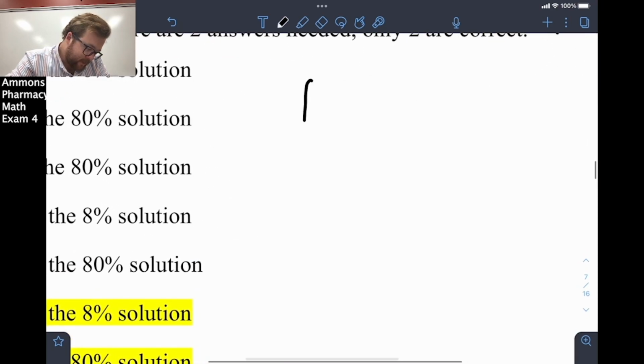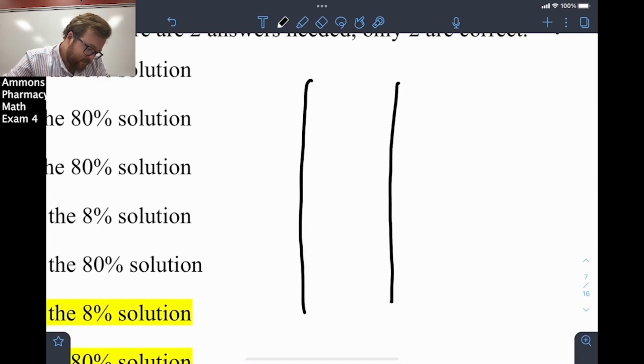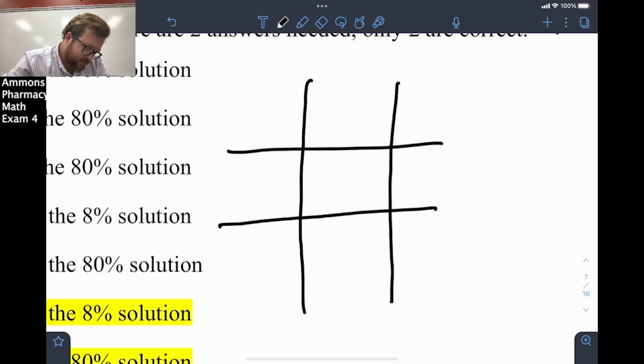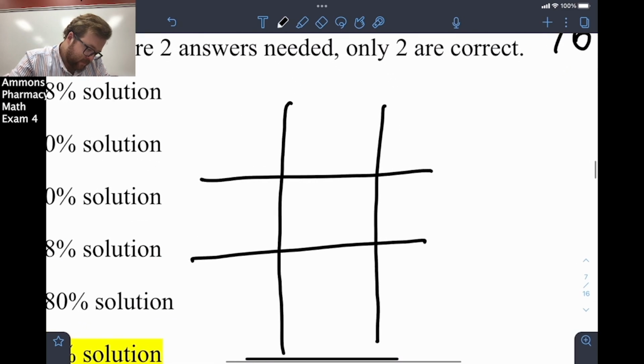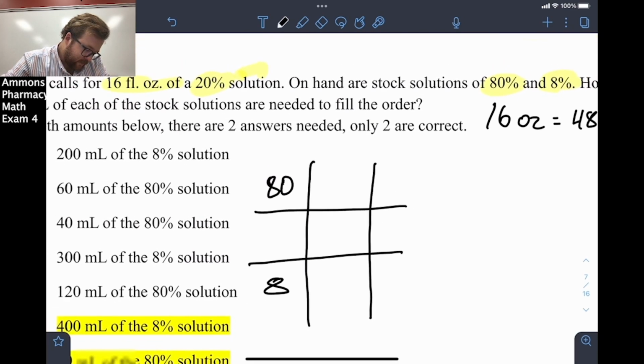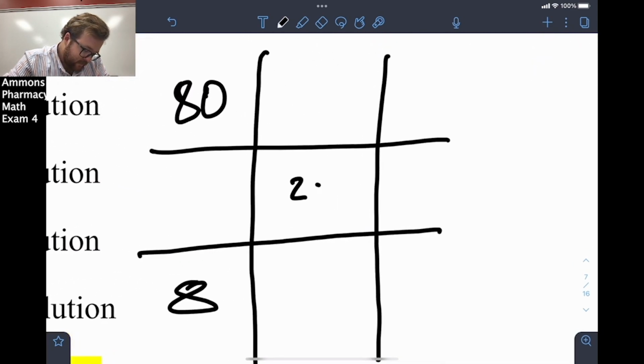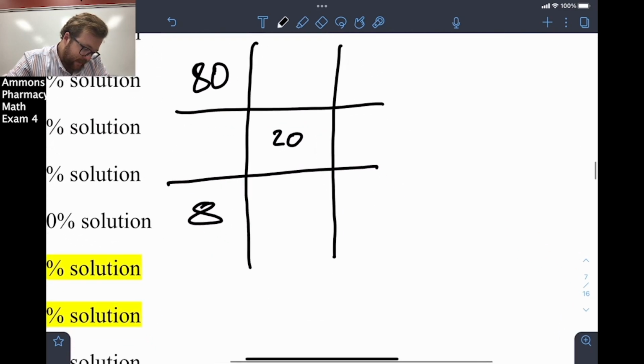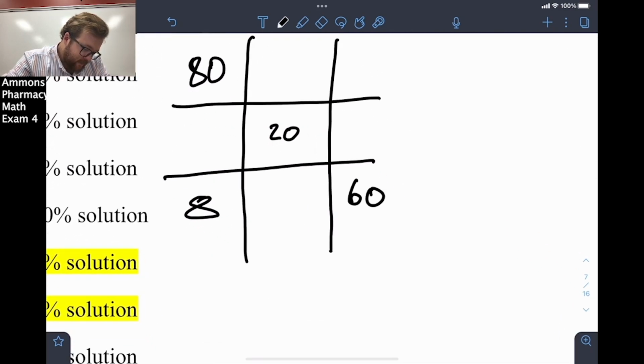So let me draw my alligation table. What are we trying to make? 20. Okay. 80 minus 20 is 60, 20 minus 8 is 12. We add those up, that's 72.